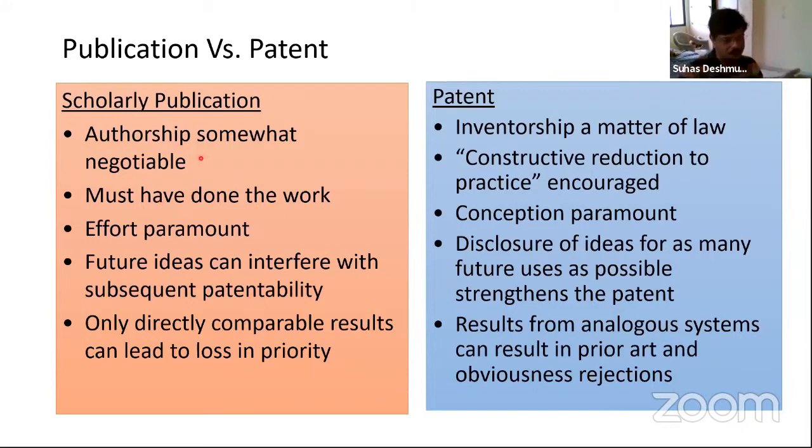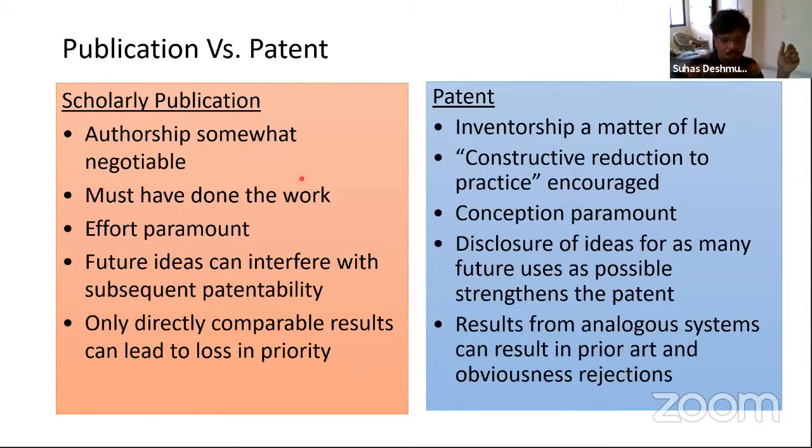Publication means you have some system with small modifications, or you have some ideas, and you do some experiments, and based on those experiments you present a document. That is what is called a publication. Here the authors can be one, two, three, four, or many; there is no issue.